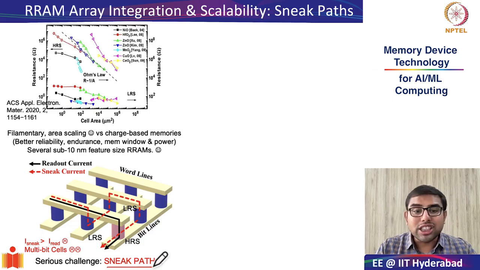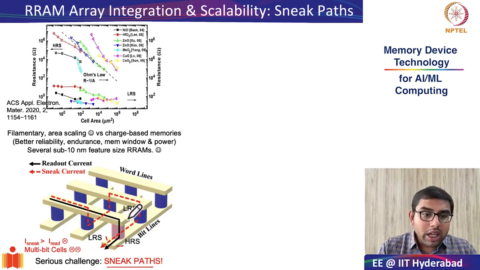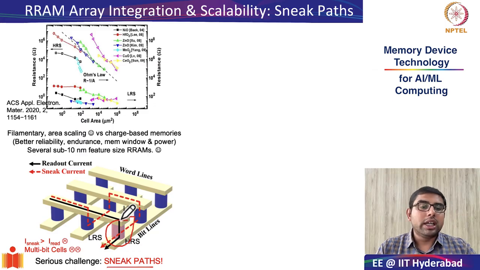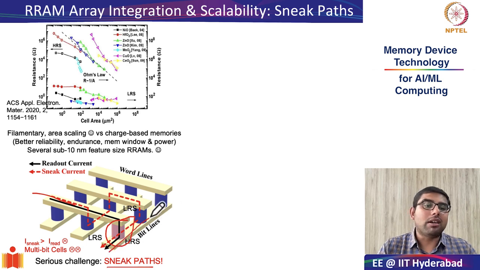Let me try to explain what this problem of sneak paths is with a very simple example. Let us assume that the cell that I would like to read out is the cell which is marked in red, and in order to do so, I need to apply a read voltage across the associated word line and the associated bit line.